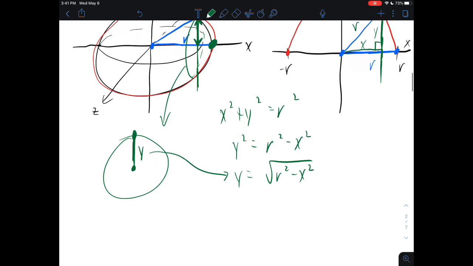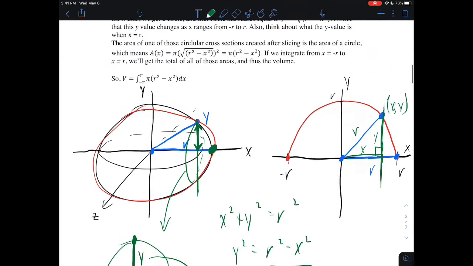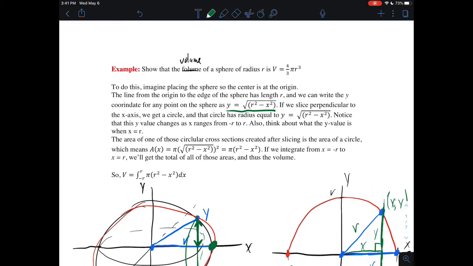Which should make sense if you think, if I plug r in for x, then I would have square root of r squared minus r squared, which is 0. You get the same thing if x is negative r. So that's telling you that x is ranging from negative r to r, because that's how wide the sphere is anyways.